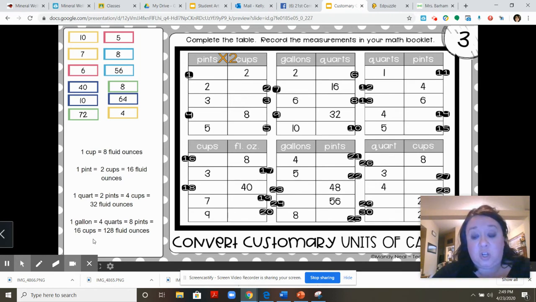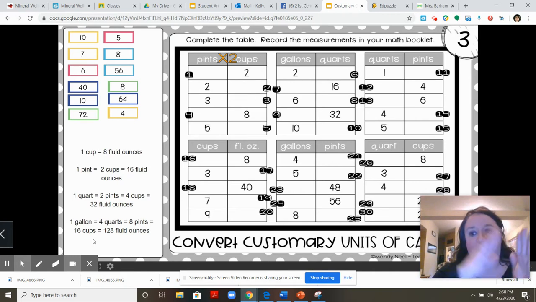So pints are large. So we had that conversation yesterday about fly to horse and horse to fly, that horses are bigger than flies and flies are smaller than horses. And so when I look at pints, pints are bigger than cups. Pints are large and cups are small.